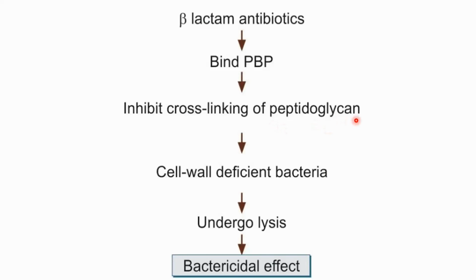So the peptidoglycan cross-linking will be prevented, and because of that cell wall deficient bacteria will result. The cell wall will not form properly, so ultimately it will burst, or undergo lysis, meaning breakdown, and the bactericidal effect will occur. So the major things here are the penicillin binding protein and the transpeptidase enzyme.